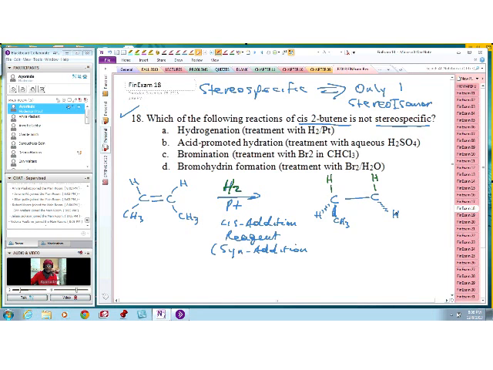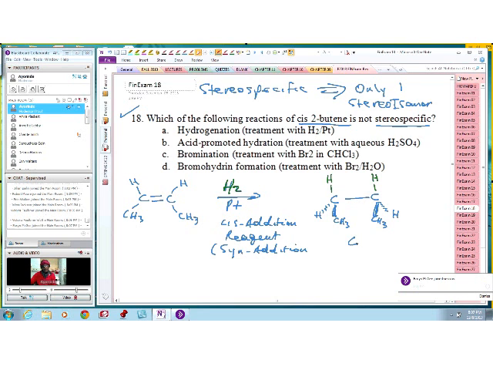Similarly, on this side of the molecule, you have hydrogen being pushed down, going away from us, and the methyl coming at you also pushes down. So now you have this. What we have here is we have added the two hydrogen atoms from the same side of this carbon-carbon double bond.